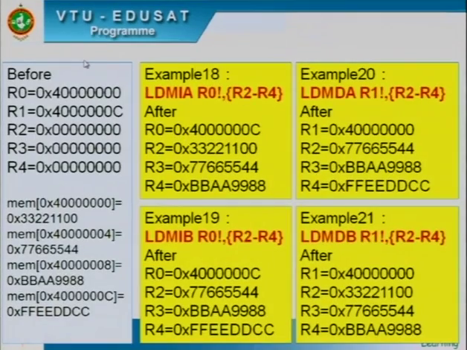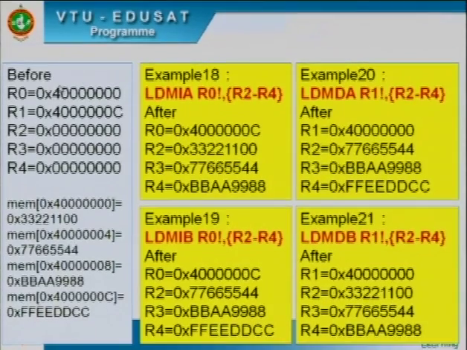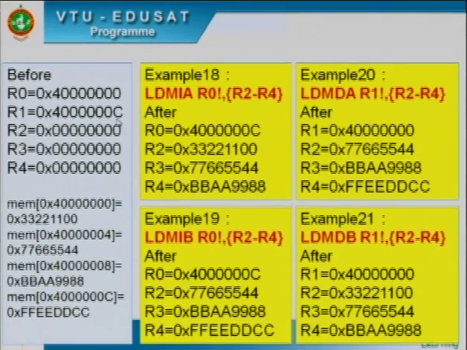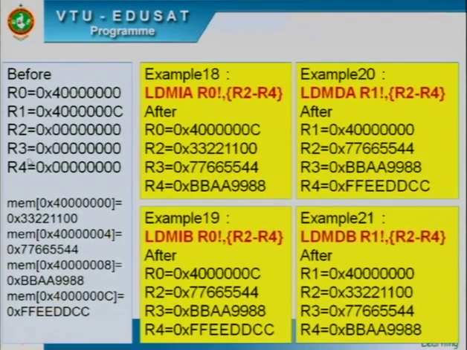Right. Let's look into the LDM instructions. Before that, we will start with this. R0 is 0x4 followed by 7 zeros, as discussed from the previous slide. R1 is 0x4 followed by 6 zeros and C. R2, R3, R4 are registers which have the 00 values. The memory content of 0x4 followed by 7 zeros is 33, 22, 11 and 00. The memory content of 0x4 followed by 6 zeros and 4 is 77, 66, 55 and 44.